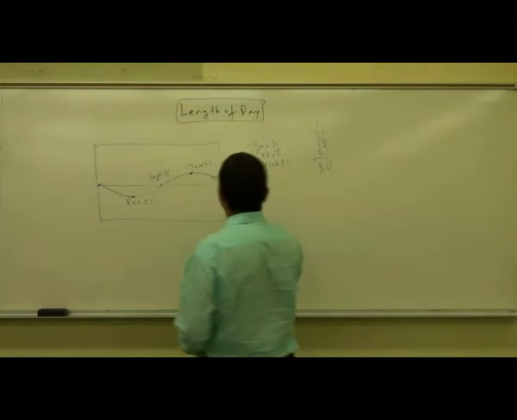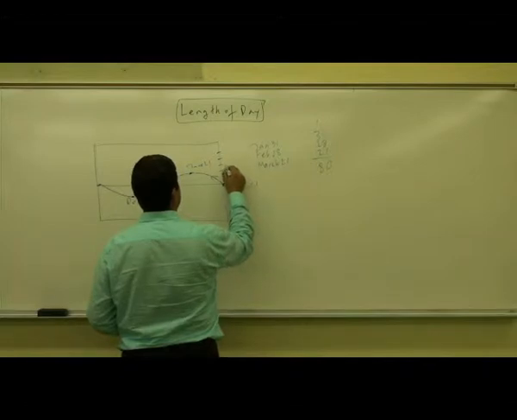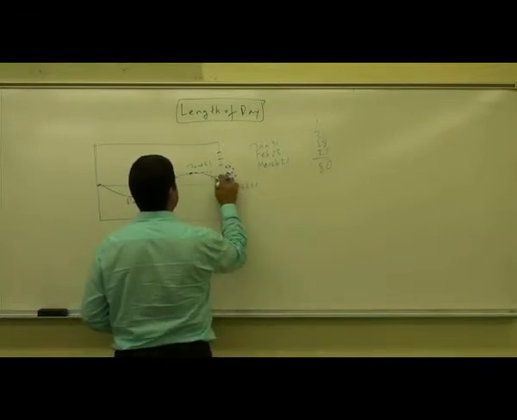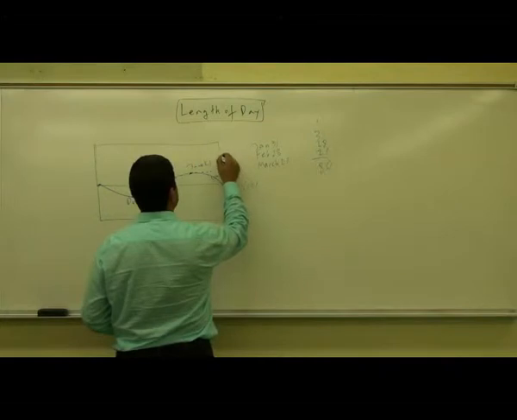So the angular position of the sun, theta: 10 degrees, 20 degrees, 30 degrees. The highest that the sun gets in the sky is 23 and a half.